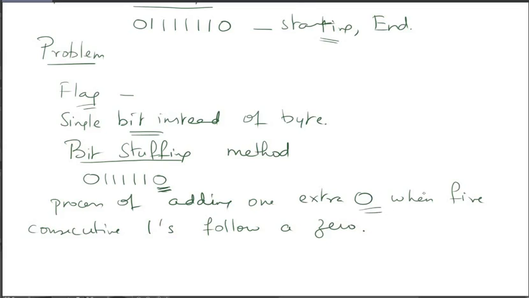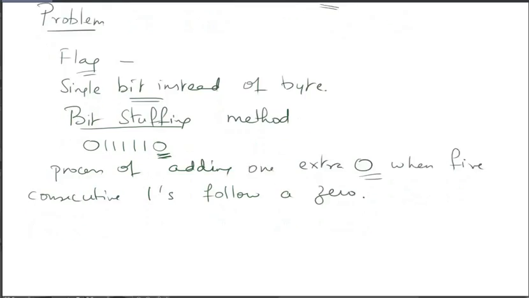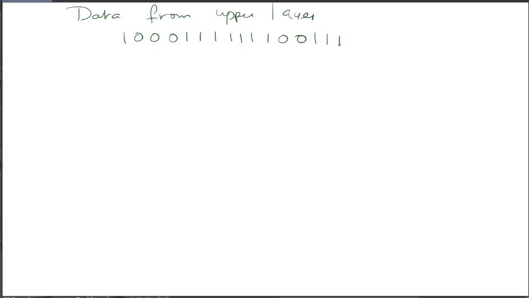We'll see an example here. Suppose this is the data coming from the upper layer: 1 0 0 0 1 1 1 1 1 1 1 0 0 1 1 1 1 1 0 1 0 0 0 1.